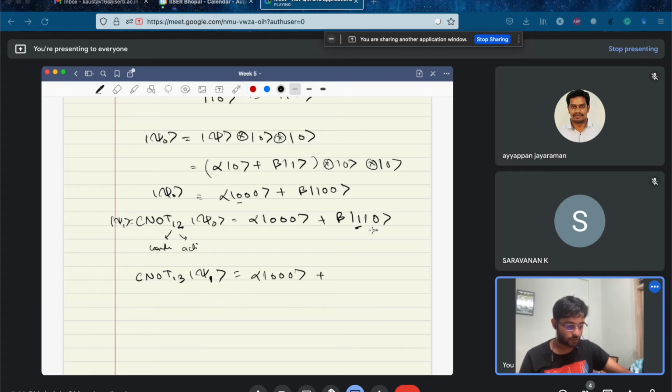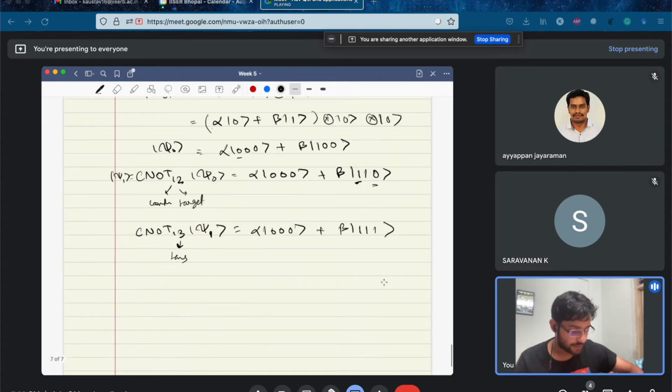Okay, so here the third is the target qubit. Let's say, these are control and target. So you get alpha 000 plus beta 111 state.